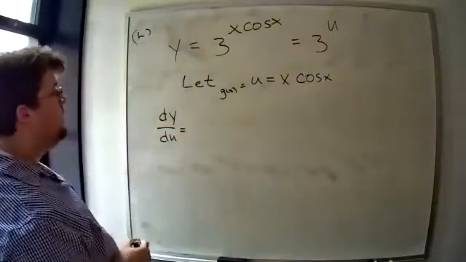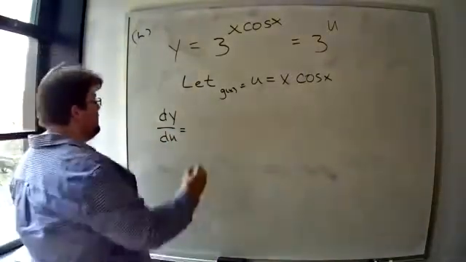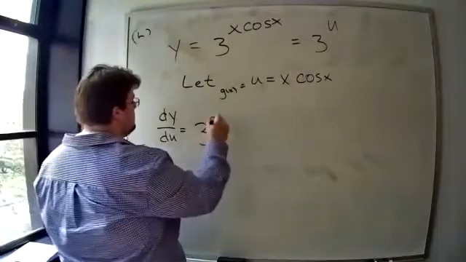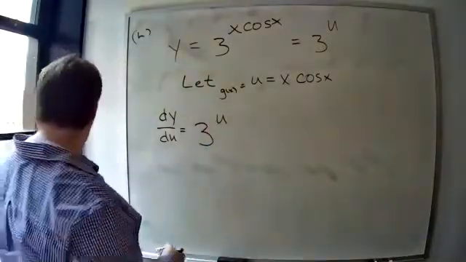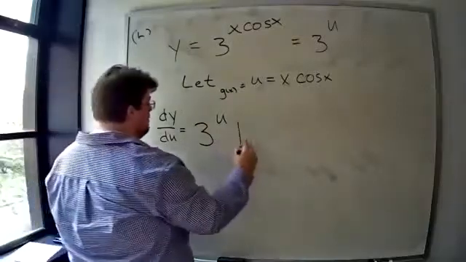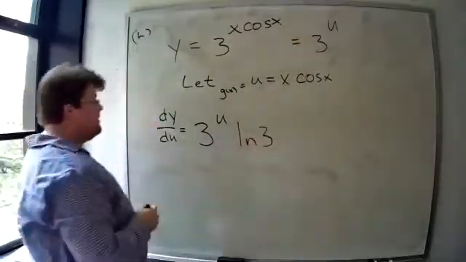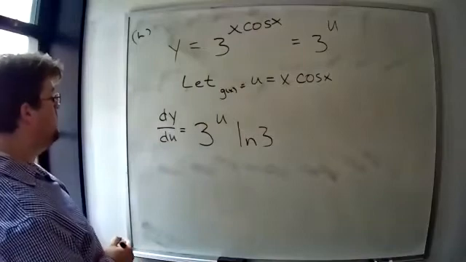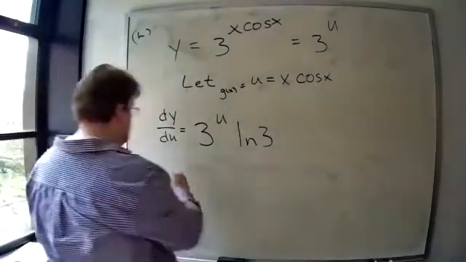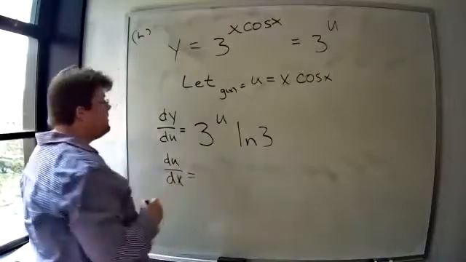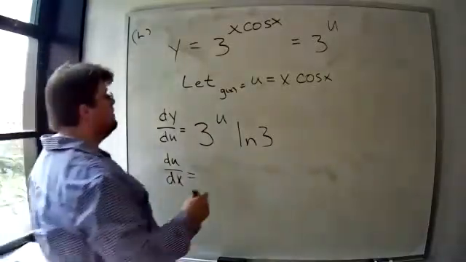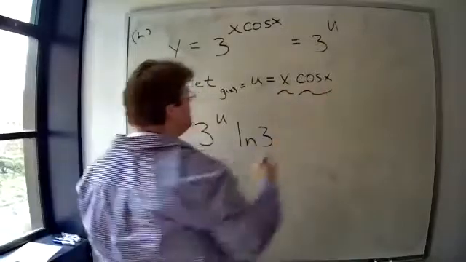For dy du, we have 3 to the u. The derivative of 3 to the u is similar to the natural exponential, but you need to multiply by the constant natural log of the base. And to find du dx, notice here we have a product.